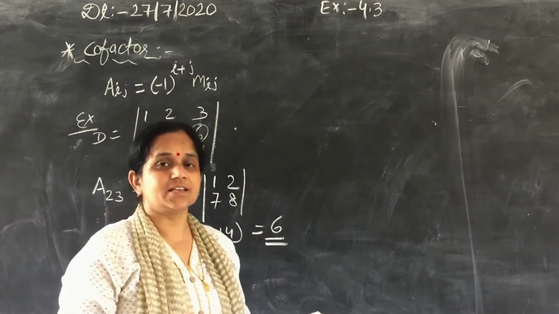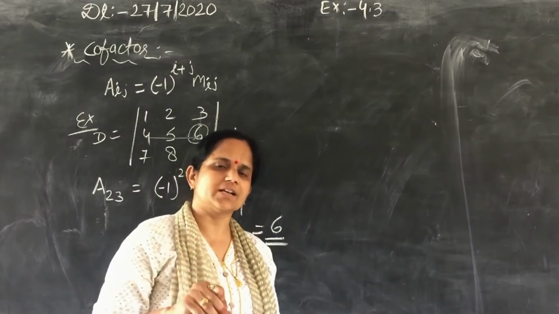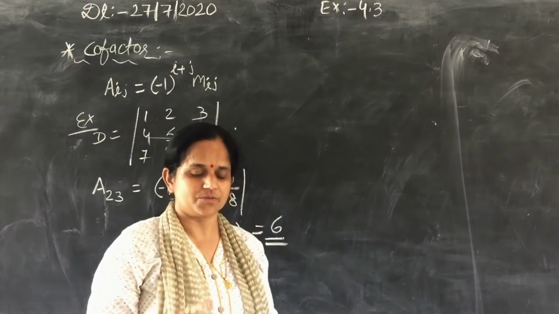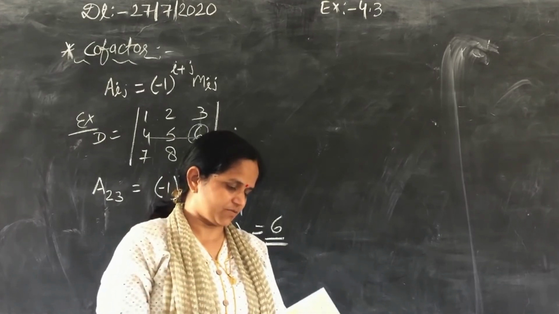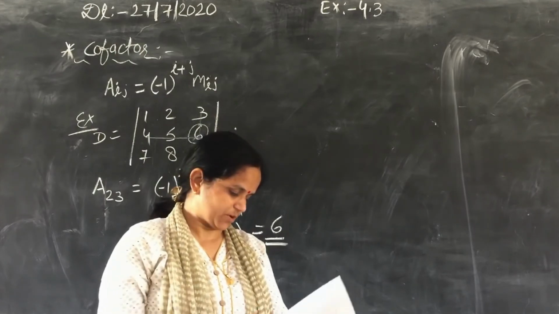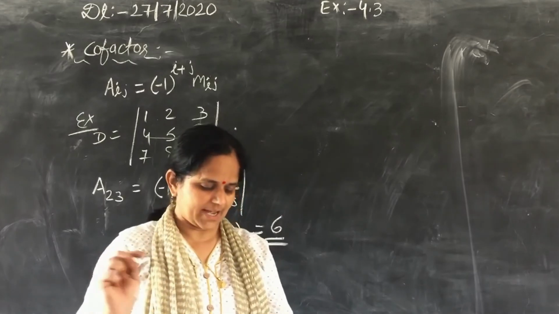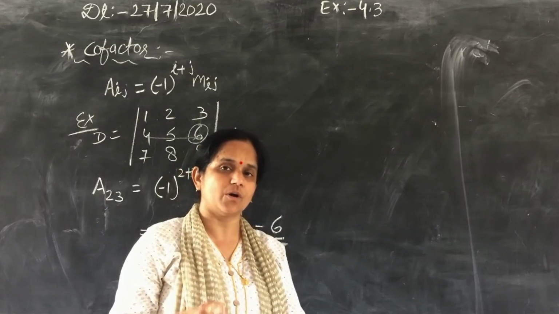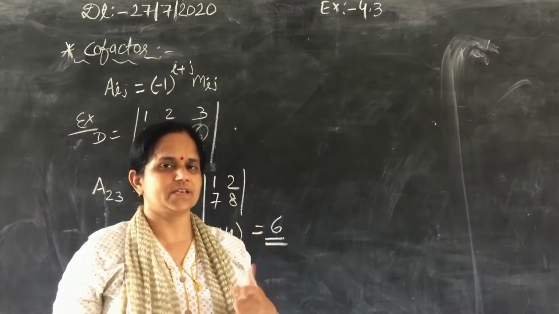But one important thing: if the elements of a row or column are multiplied with the cofactors of any other row or column, then their sum is always 0. Keep this in your mind.